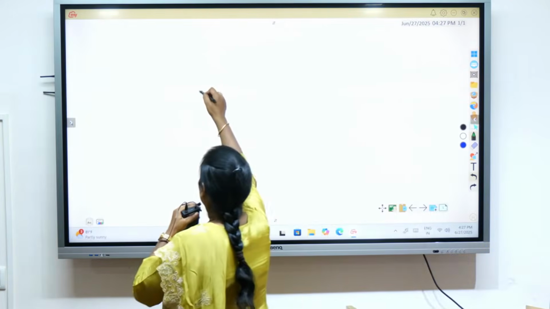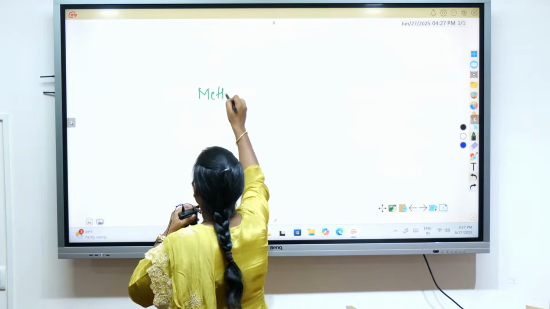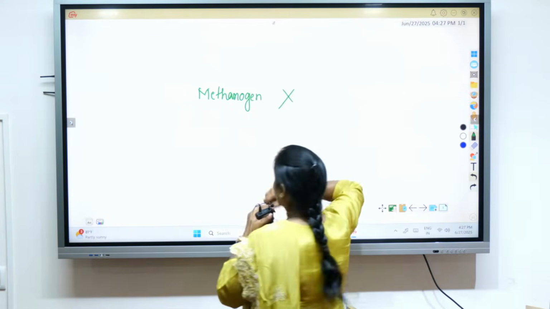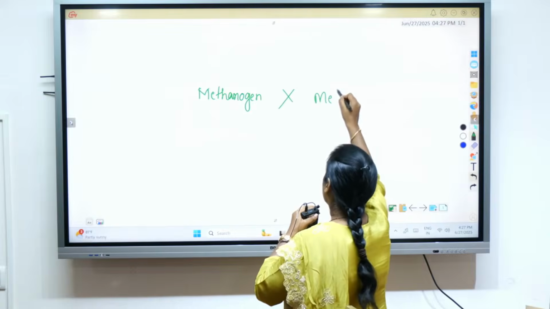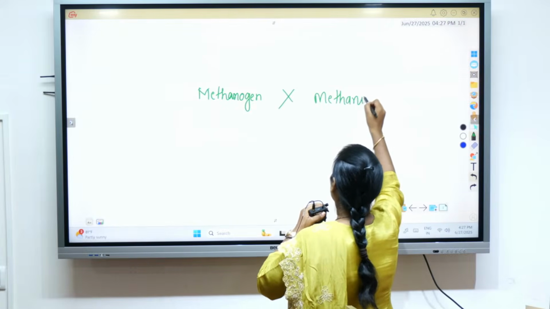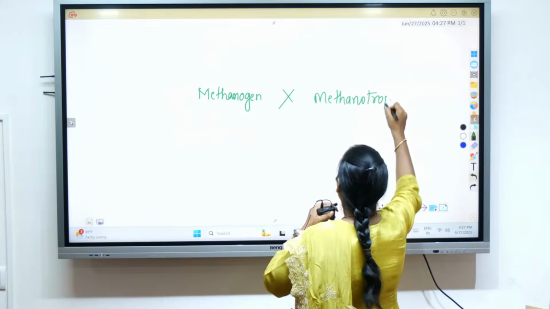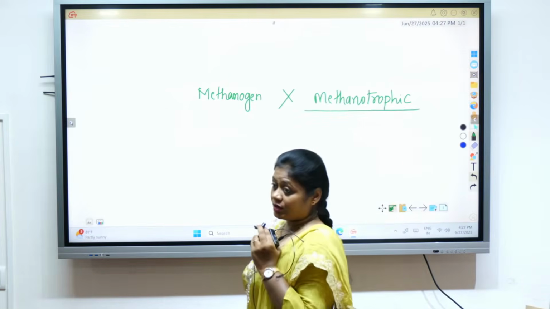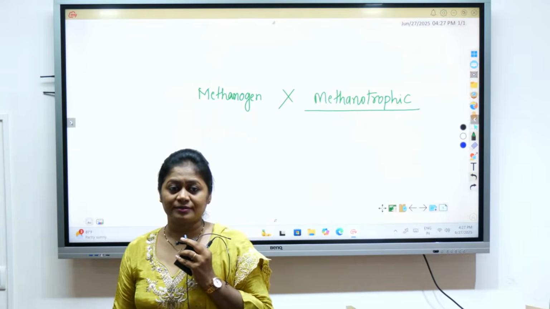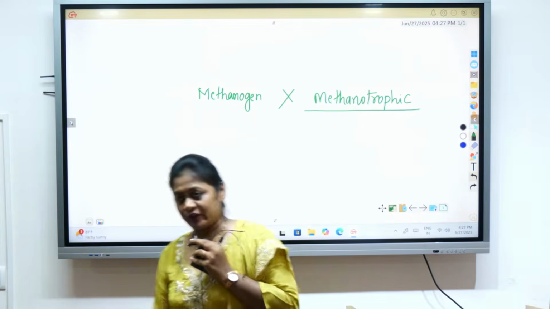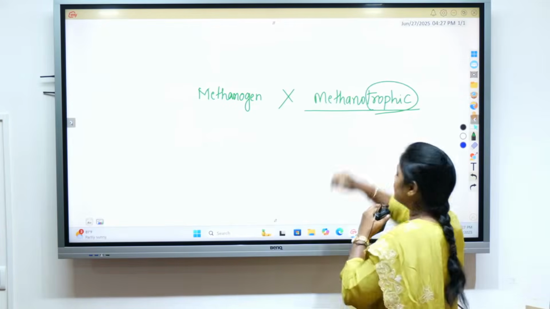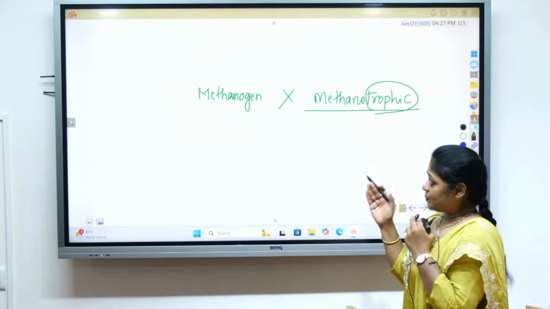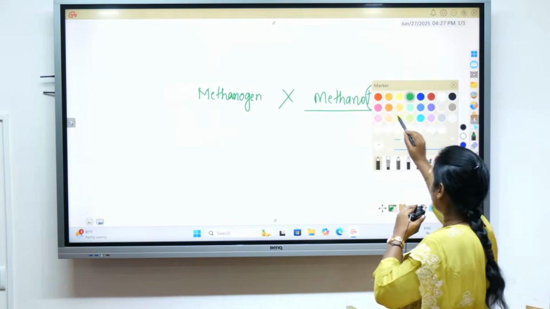But in contrast to methanogens, there are certain types of bacteria, they are called methanotrophic. I told you, whenever you come across the word trophic, it means food. Good. So what difference you could observe between these two types of bacteria?